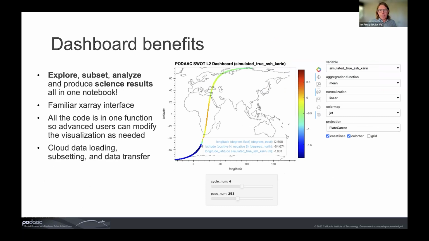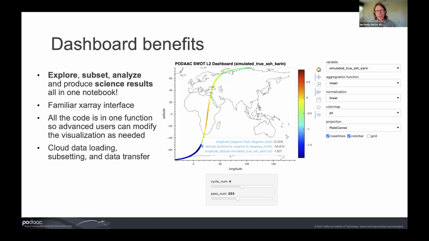So after they did this analysis, they made this prototype interactive Jupyter Notebook dashboard. It's folly to do a live demo in a talk, so I didn't do it. We just have the screenshot.